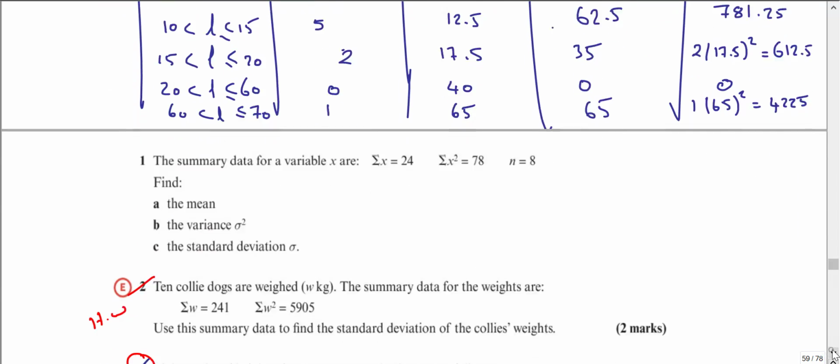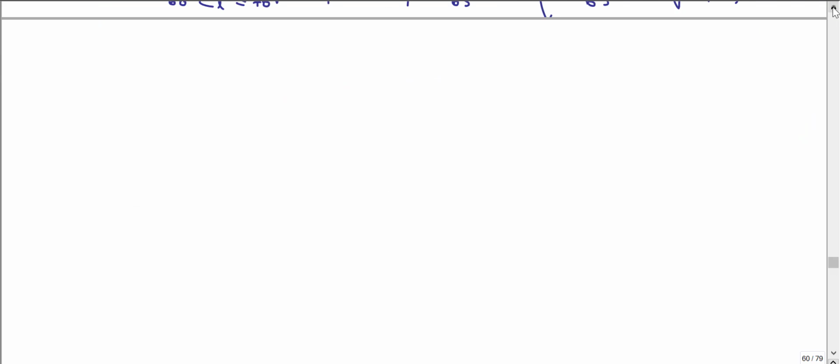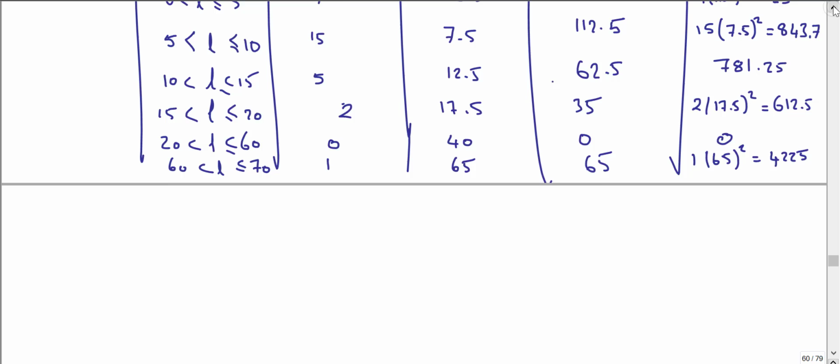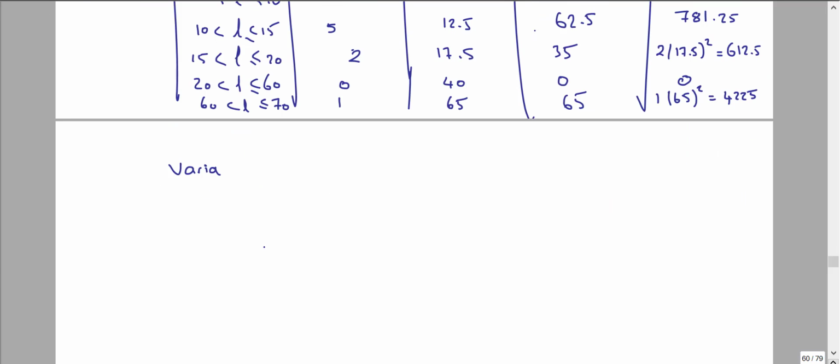After we did this, what to do next? Let me show you. Now it's very simple. You just substitute in the rule. Which rule? The variance.